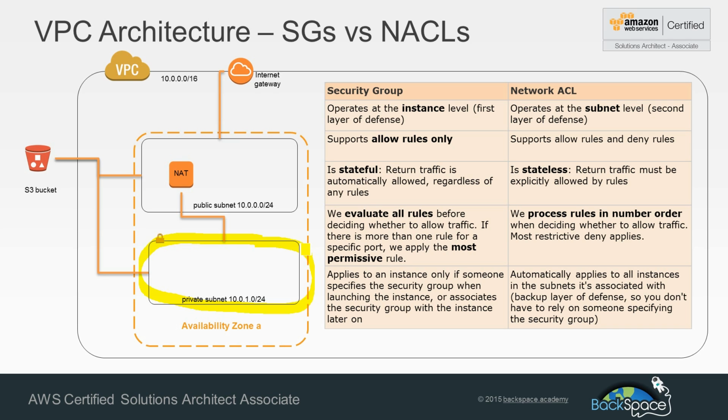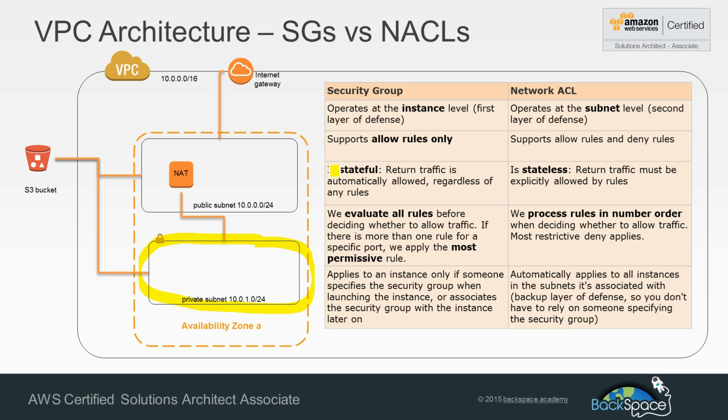A security group supports allow rules only. A network ACL supports both allow and deny rules. Now also, a security group is stateful. It responds to traffic, so return traffic is automatically allowed regardless of any outbound rules.